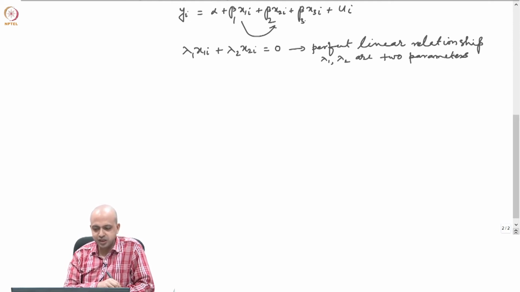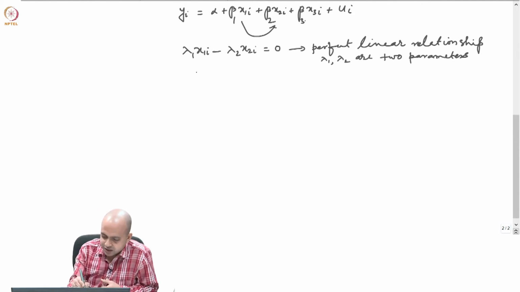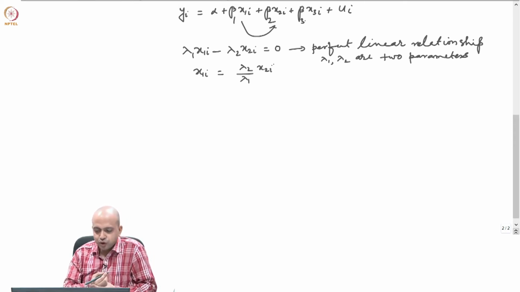So you can easily express, or if you put this as minus, it would be easier. So that means I can say that x1i equals lambda 2 by lambda 1 into x2i. So if you know the values of lambda 1, lambda 2 and x2i, then you can easily identify what is x1i.